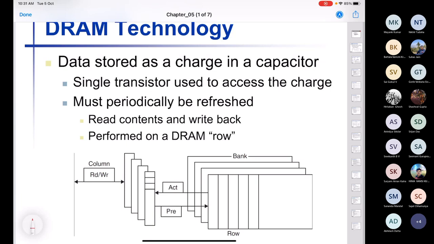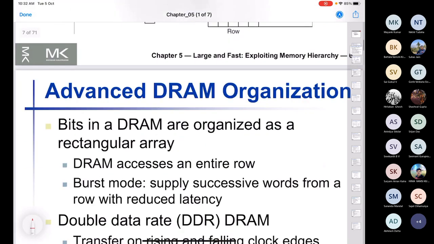So they have to be refreshed periodically, otherwise it forgets. Read and write can be performed automatically by the control circuitry that is present there. You as a user do not need to bother about these things.